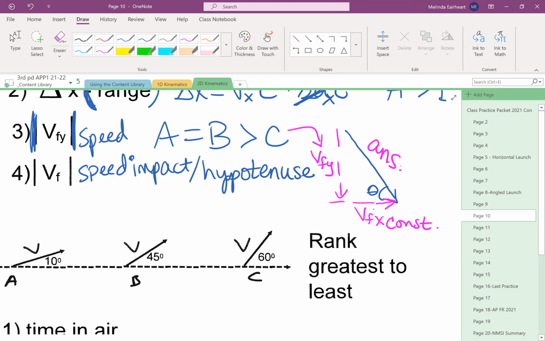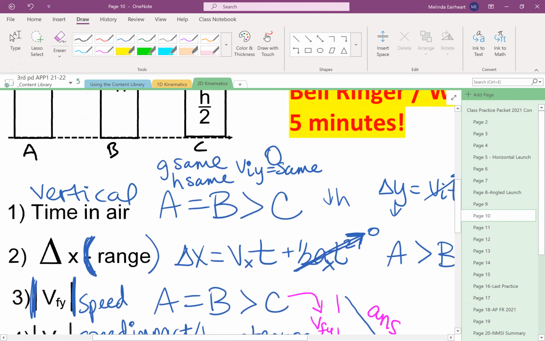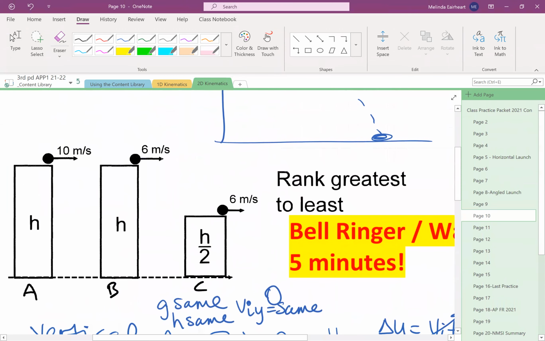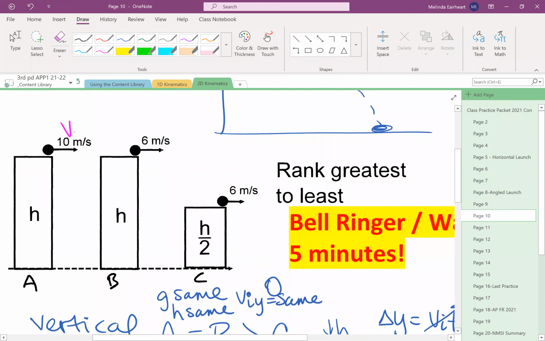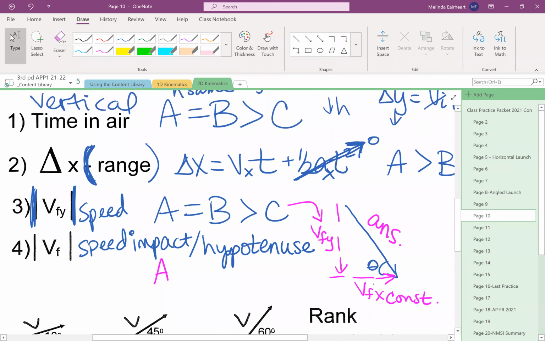Yes, ma'am. Thank you. What do we think? Who has the biggest components, the biggest hypotenuse? A. A had the greatest vertical and it had the greatest horizontal, right? 10 was the greatest horizontal. These are all VXs. Then who?